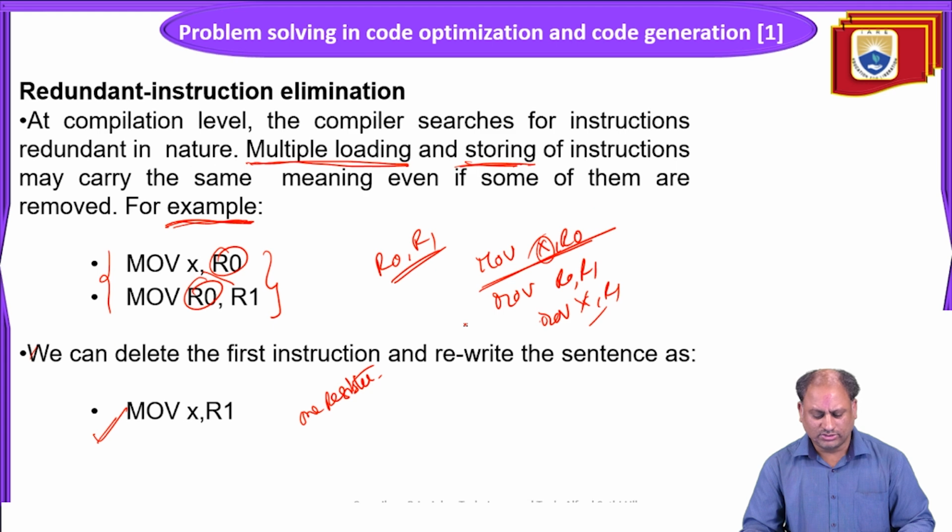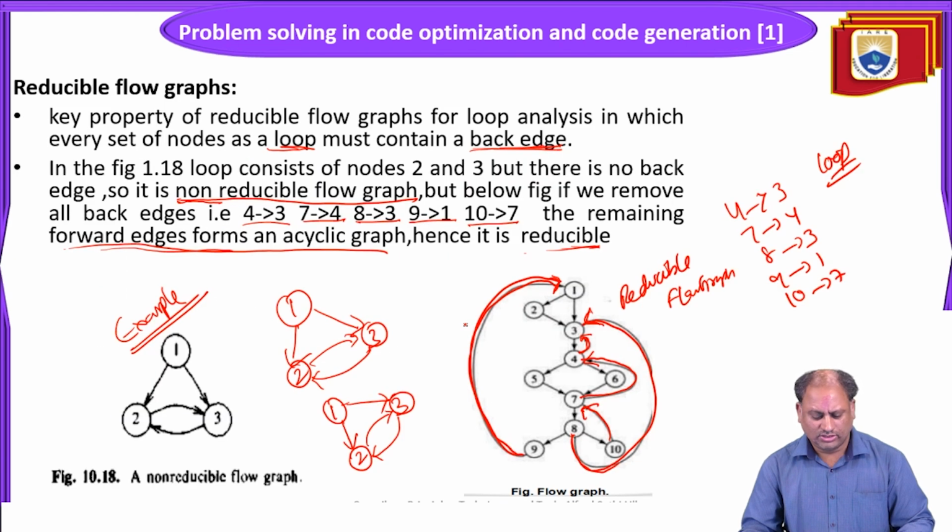Several registers loaded several times, with repeated instructions and registers, can be avoided by making use of single registers. And in the flow graph mechanism, reducibility, an acyclic graph which forms loops with back edges, can be made into non-reducible flow graphs.